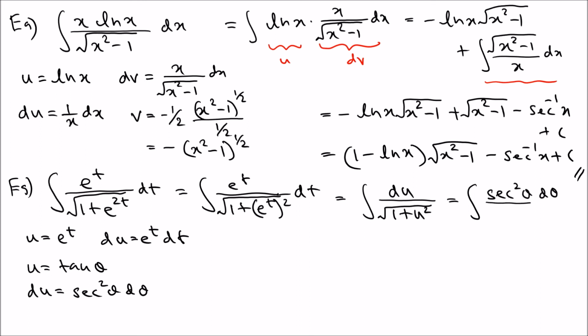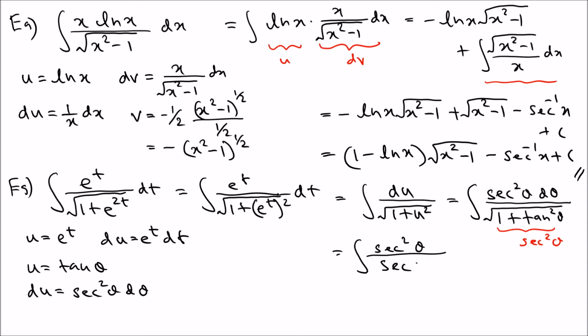In the bottom, it's going to be the square root of 1 plus tan squared theta, and that simplifies to secant squared theta. Once you take the square root, it's secant theta. So we simply get secant squared theta over secant theta d theta. This cancels and boils down to secant theta d theta.